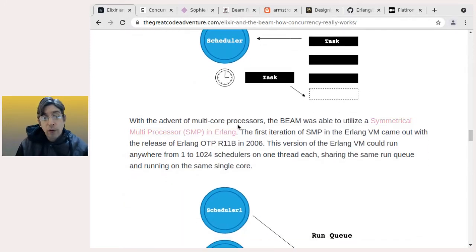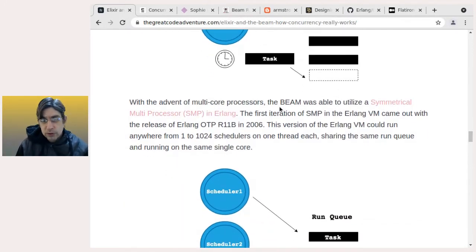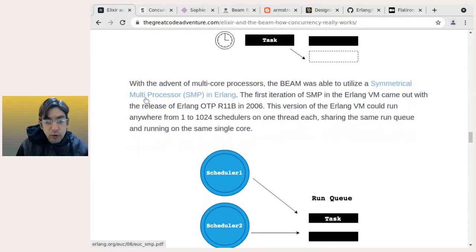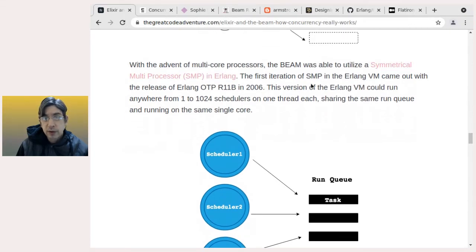With the advent of multi-core processors, the VM was able to utilize symmetric multiprocessing in Erlang. The first iteration of SMP in the Erlang VM came out with the release of Erlang/OTP R11B in 2006.